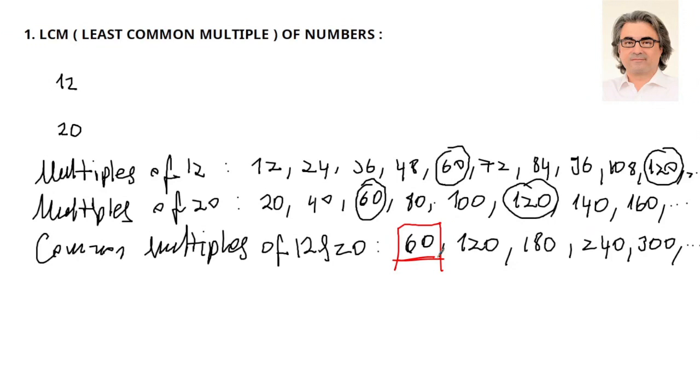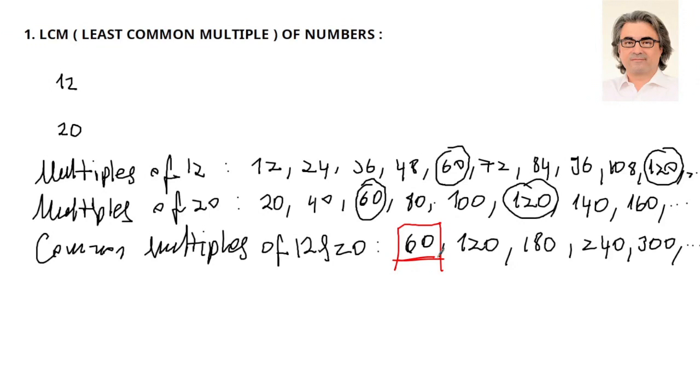You may find all common multiples of 20 and 12. If you know the least common multiple of any two numbers, then you may find all common multiples of these two numbers.